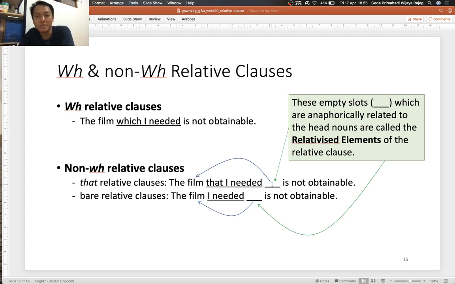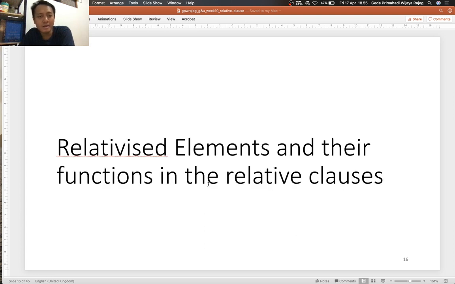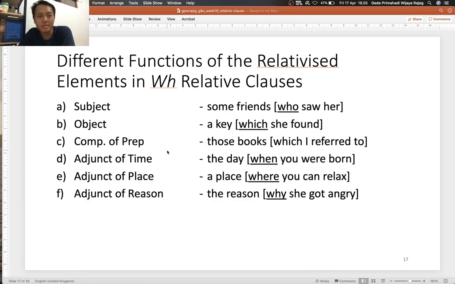Those are the elements inside the relative clause that are referred to by the head noun and also by the relative pronouns. These relativized elements inside the relative clauses can have different functions. They can be the subject inside the relative clause, such as in some friends who saw her.